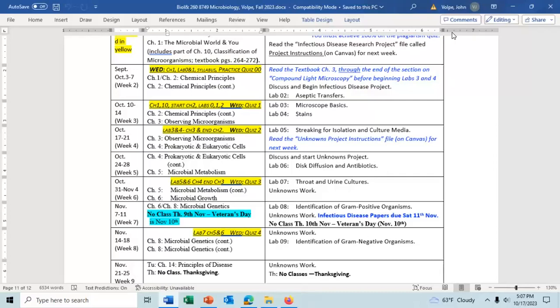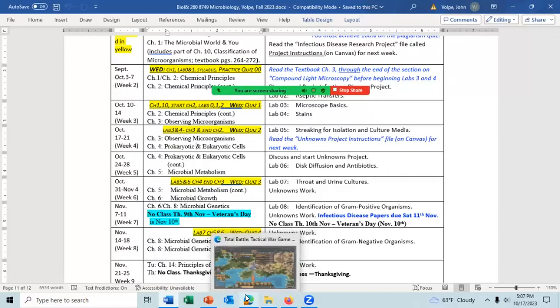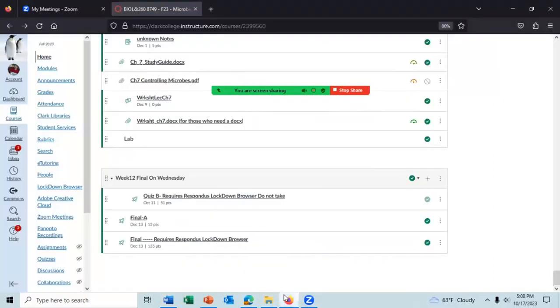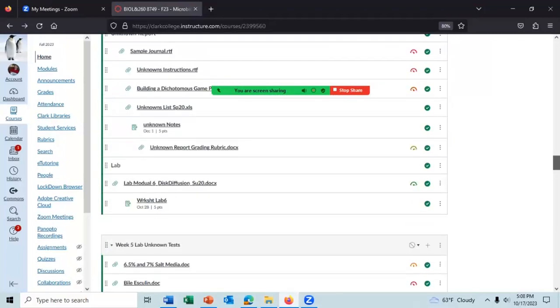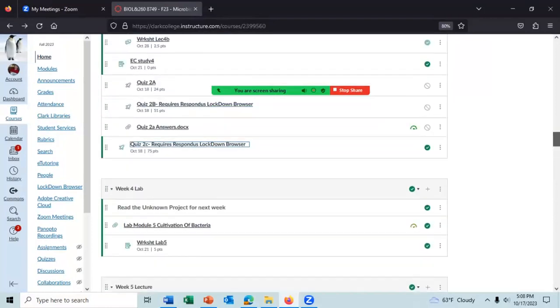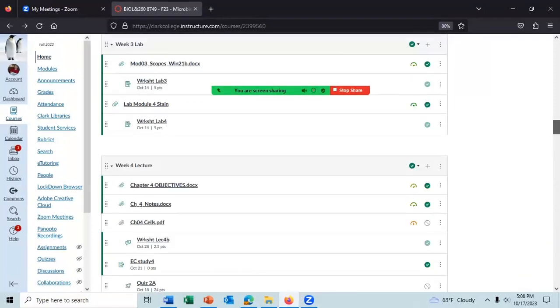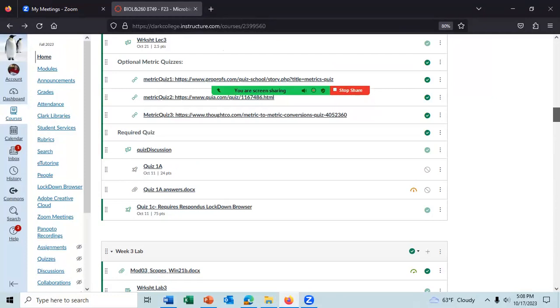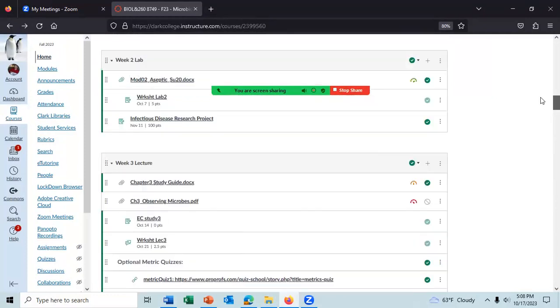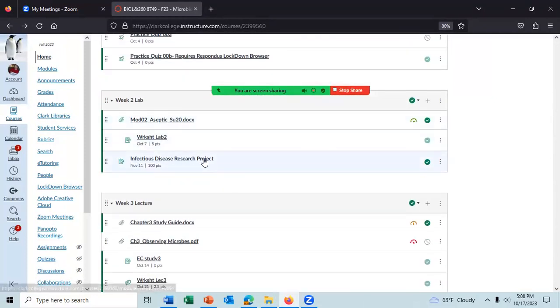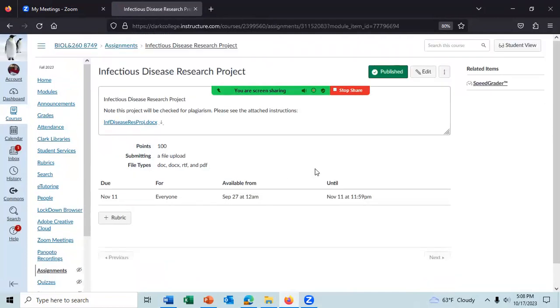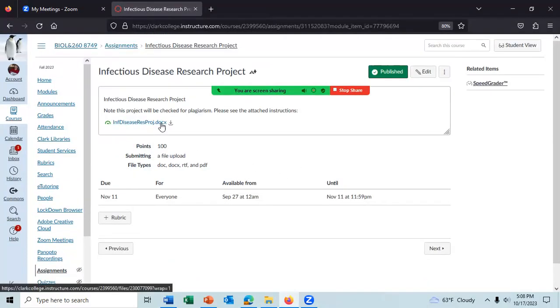Is there a page requirement for the paper? Yes. I don't remember off the top of my head, so let me look that up. I think it's 5 pages. Oops, that's the infectious disease project.